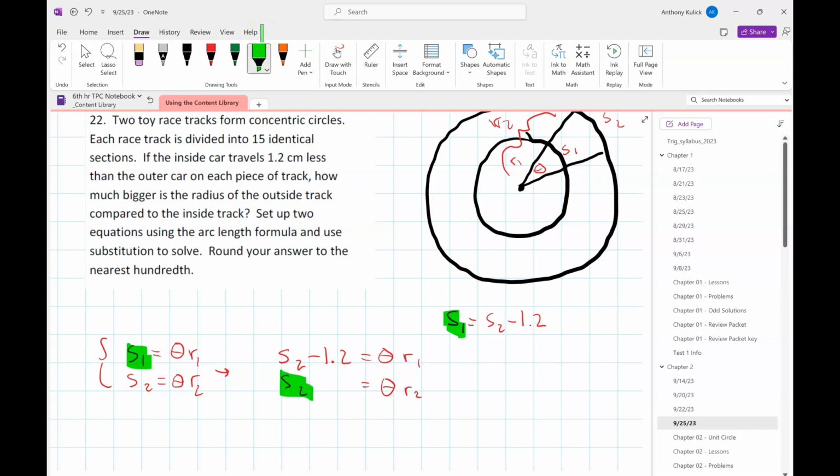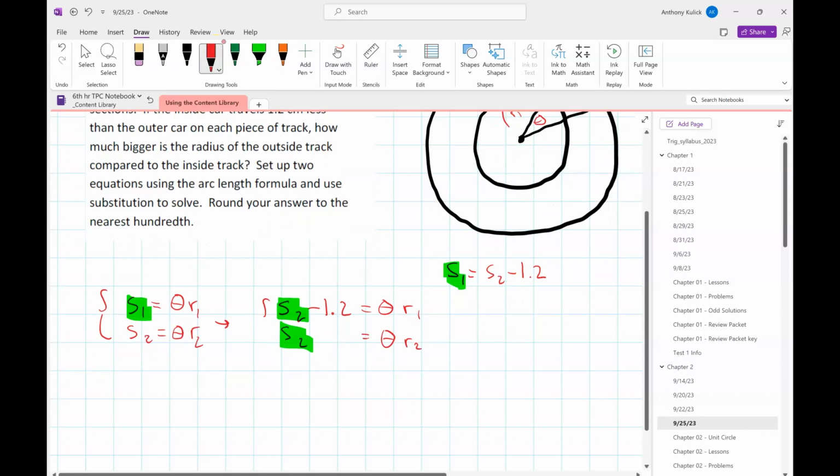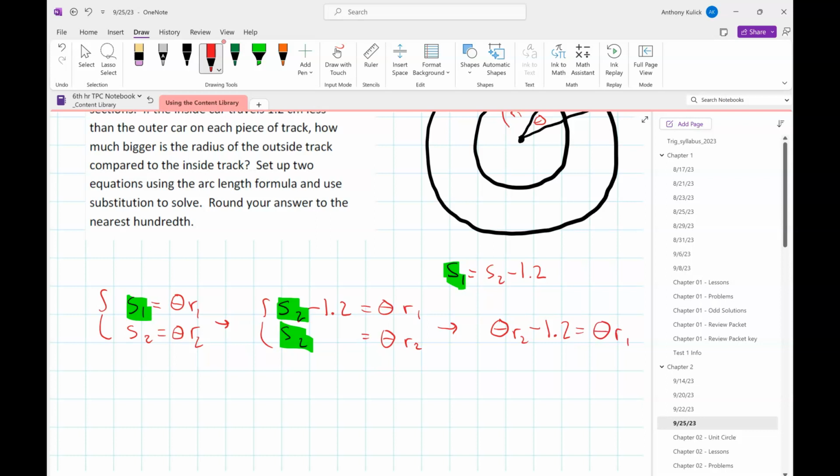And then since S2 is equal to R2 theta, I'm going to make another substitution and put this all into one equation. So far, so good. Alondra, you got some faces going.